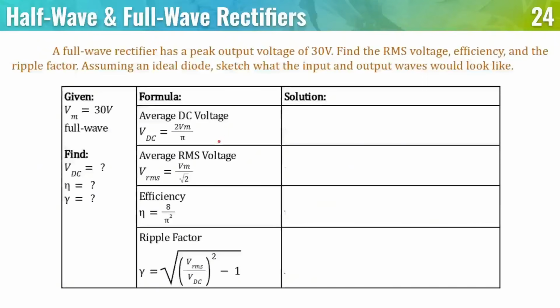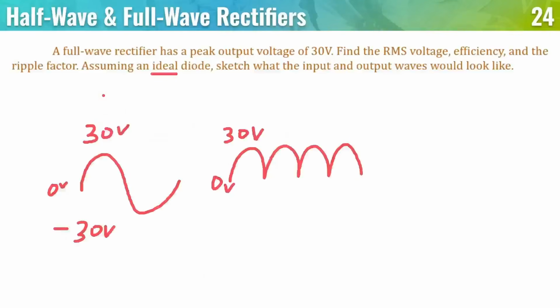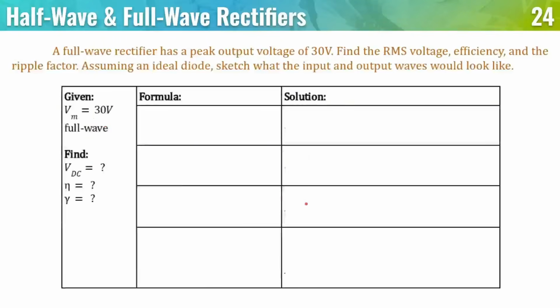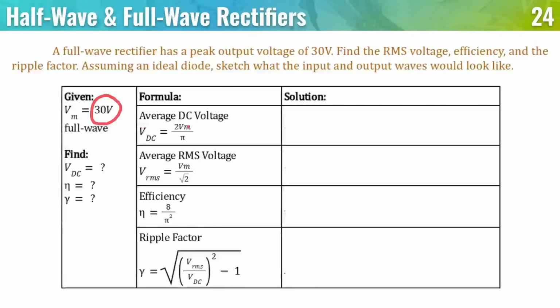So here are our formulas. So this one, since we are having two occurrences of a half wave over 0 to pi, we're going to use 2 Vm over pi. So that's going to be 19.10 volts.